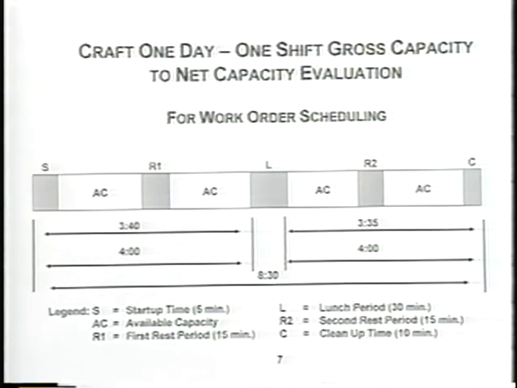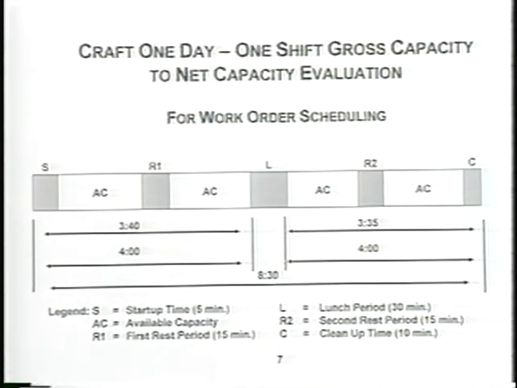In this case, that's not part of the 8 hours of payroll, because working one or maybe two shifts, lunches are not generally paid. Then we would move into the next AC area to the right of the lunch period, which is available capacity. R2 is the second rest period.